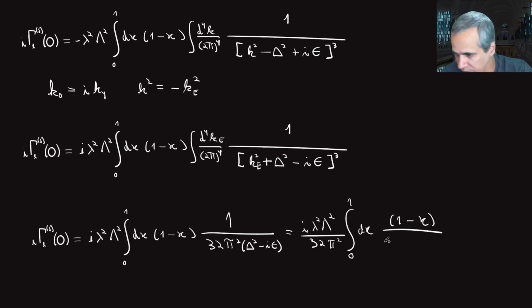In this case, delta is x lambda square minus x minus 1 m square minus i epsilon. Right?